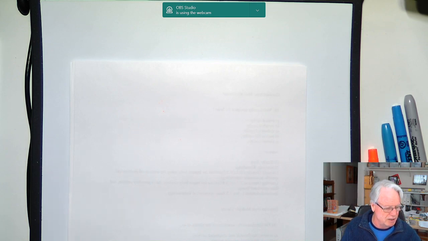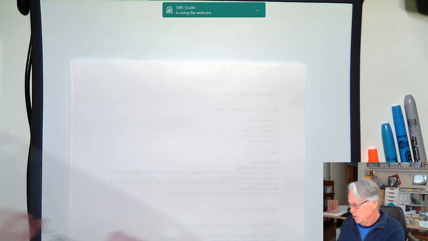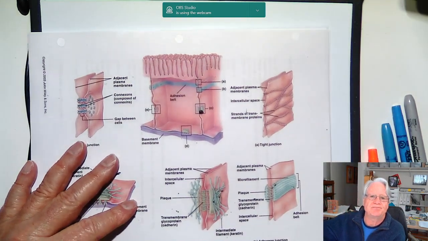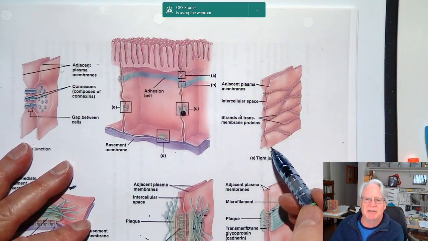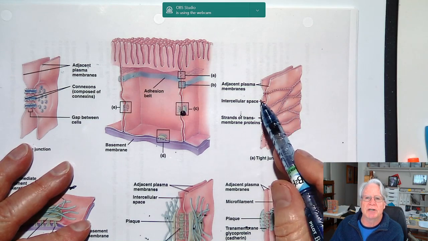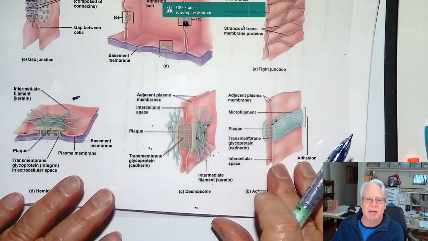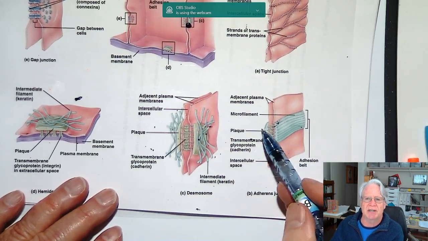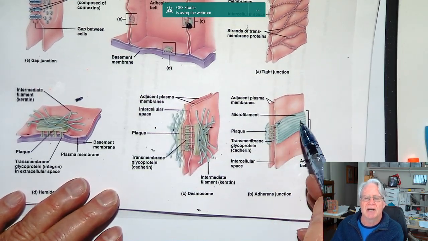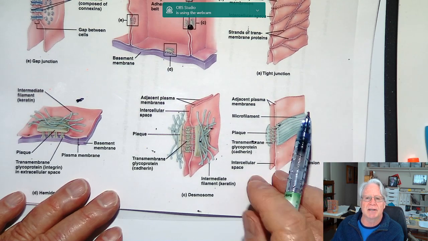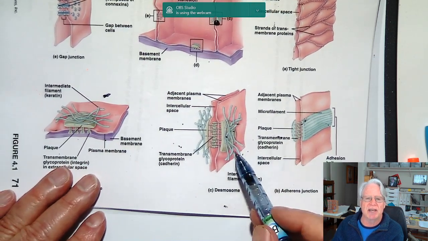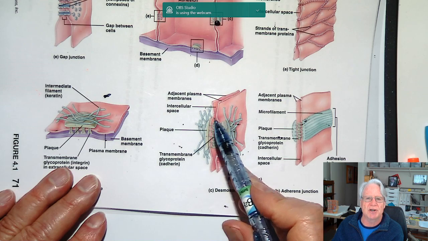And let's very quickly, finally, just review what we looked at. We talked about tight junctions. These are watertight seals between different cells. We talked about adherens, which is a way to connect one cell to another. And then if we want a very strong, stable connection, we're going to do a desmosome.